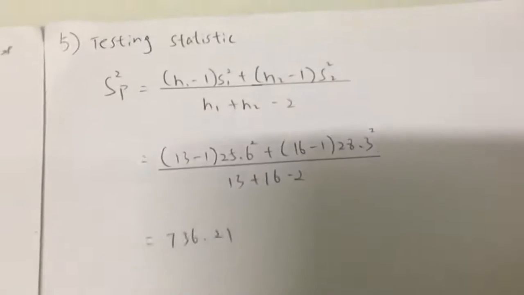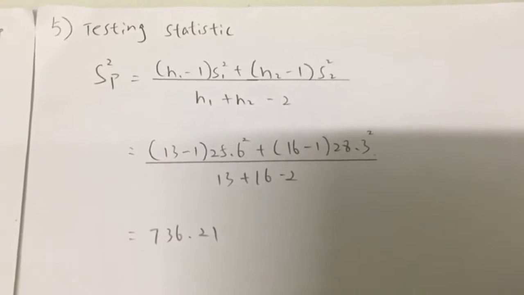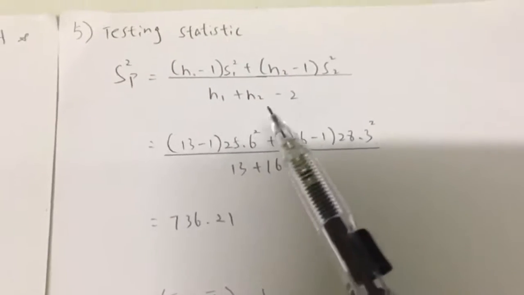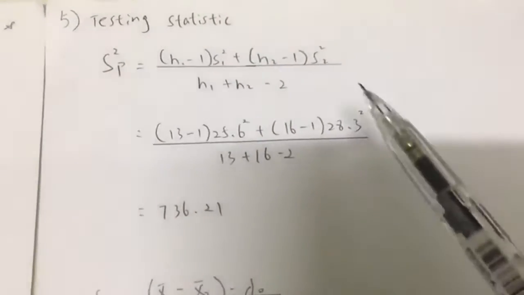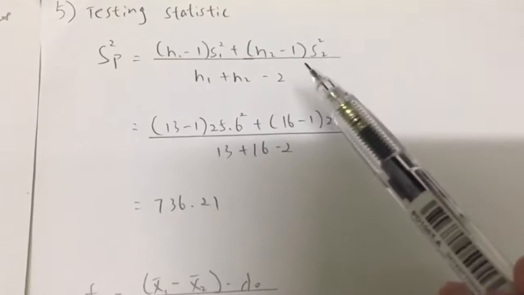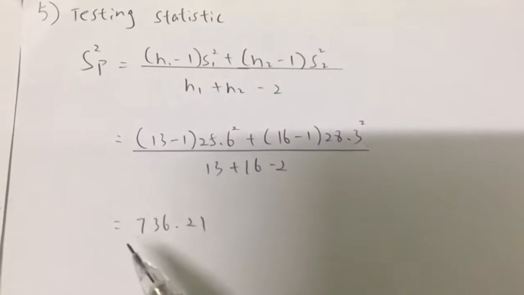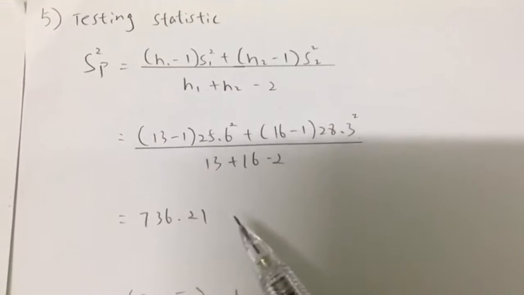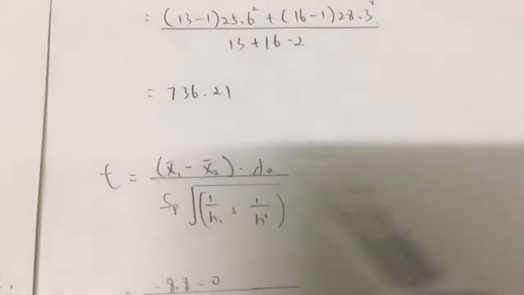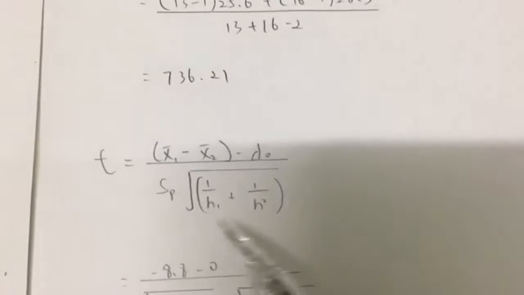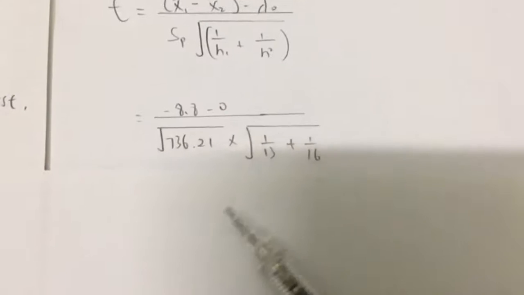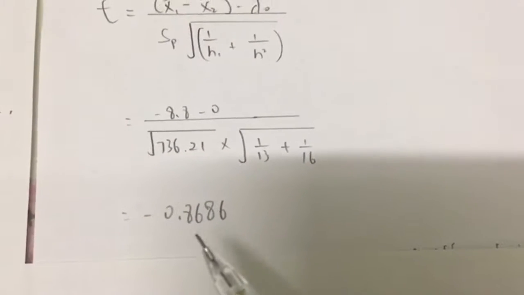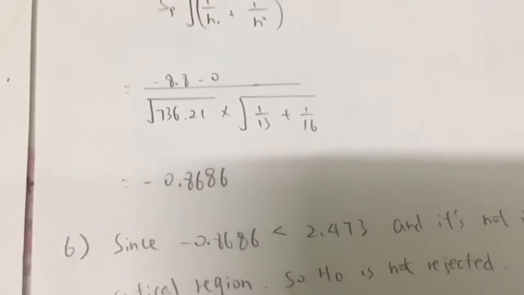Then we can test the statistic. We have to find out Sp by this equation, and then we substitute all the numbers into the equation, and we get the answer 736.21. Then we find t by this equation, and we get the answer of negative 0.8686.